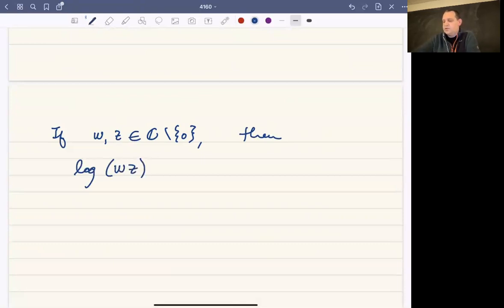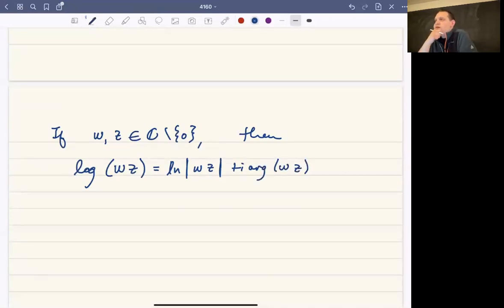And I want to look at what that log is going to be. And so the log of w times z is going to be the natural log of the modulus of wz plus i times the argument of wz.